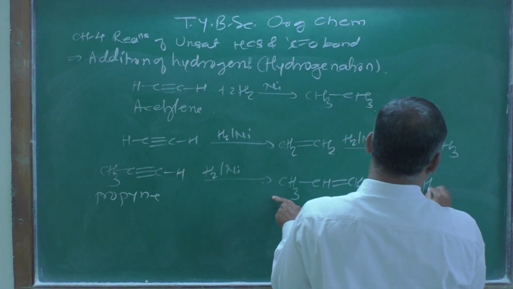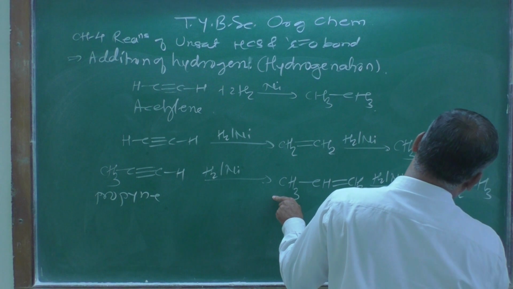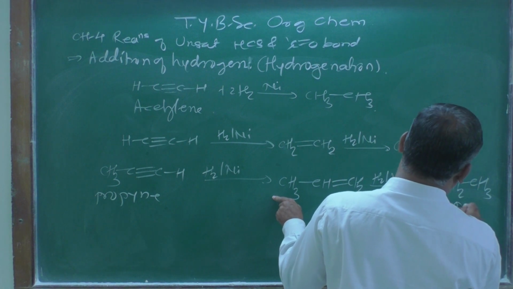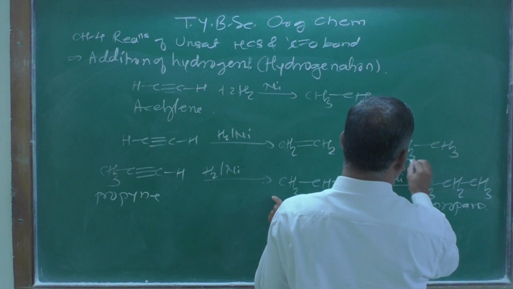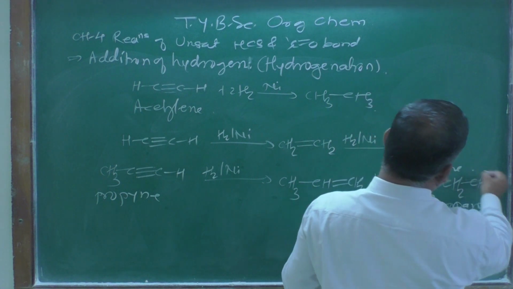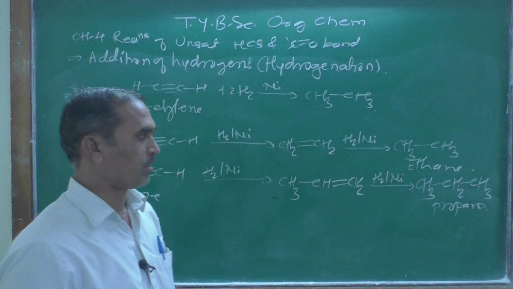You get CH3 CH double bond CH2. Further treated with H2 in presence of nickel, you get CH3 CH2 CH3, that is propane. Means the end product we are getting is an alkane.